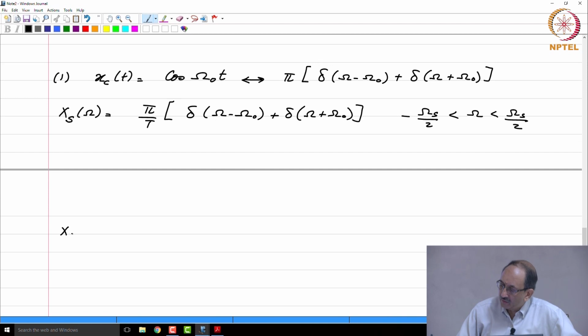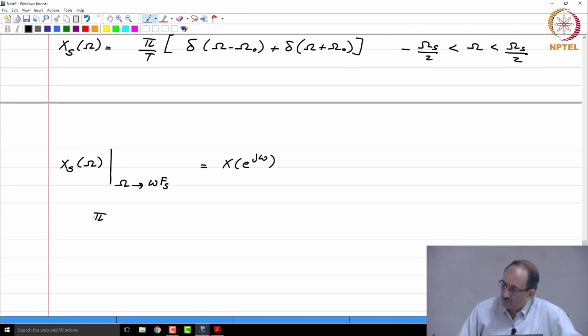Now, we are going to take x s of omega and then we will replace cap omega by little omega times F s, and if everything were done right, we should get X of e to the j omega.